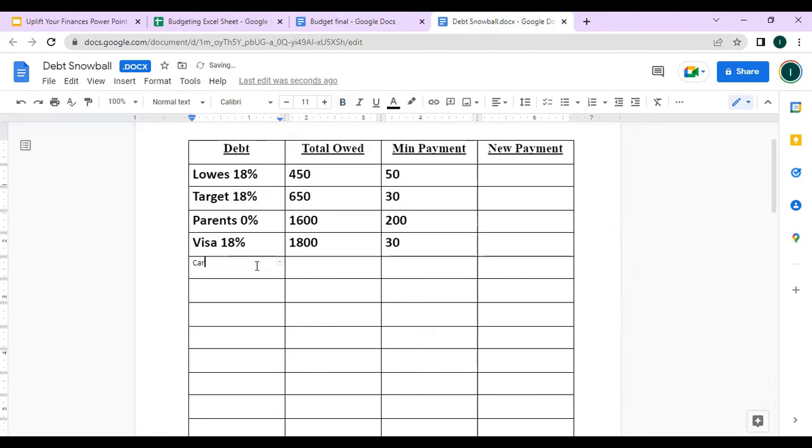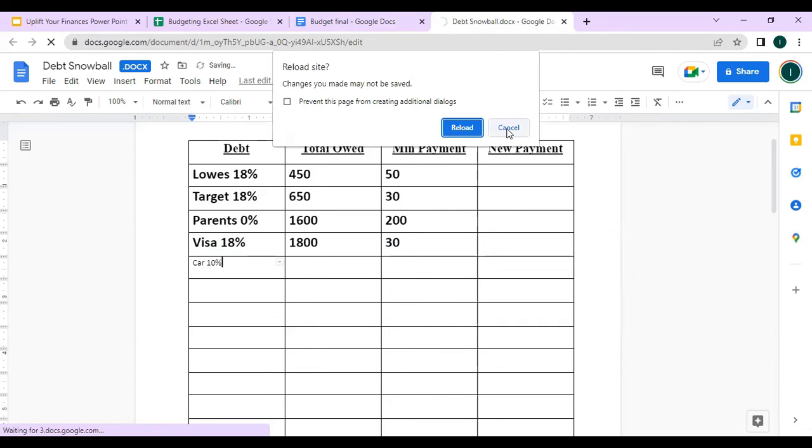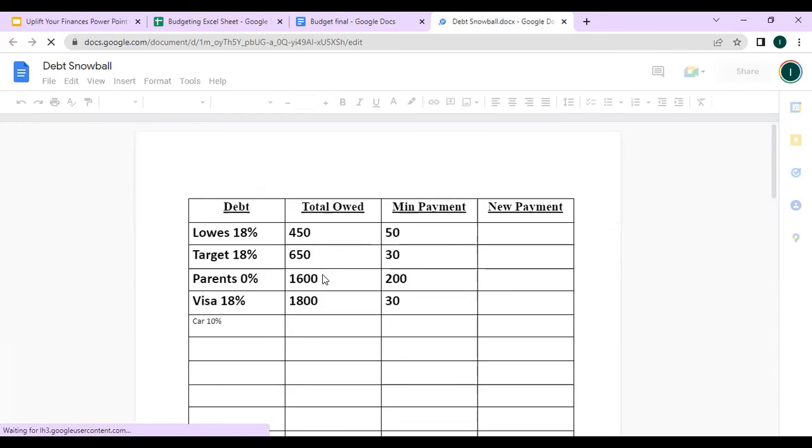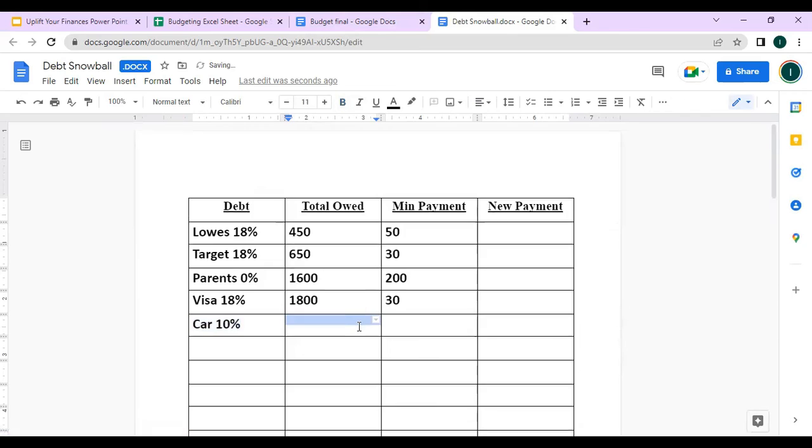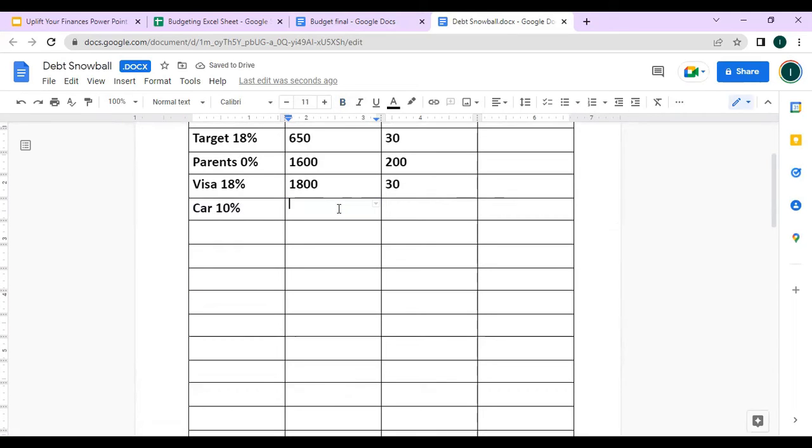This person also has a car loan with 10% interest. It was $7,000 on this car, and he's sending a minimum payment of $400 a month.